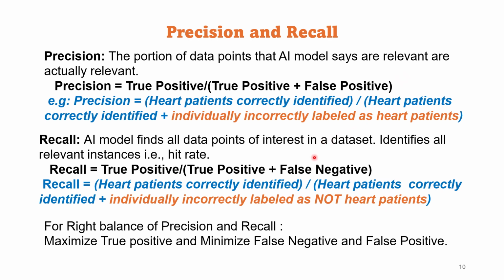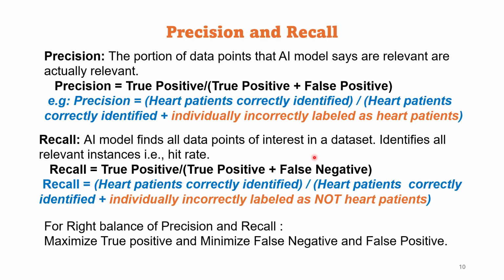Then what is recall? Recall is how often positive predictions are captured, or identifies all relevant instances, that is completeness of quality. Recall is also called hit rate. The AI model finds all data points of interest in a data set.